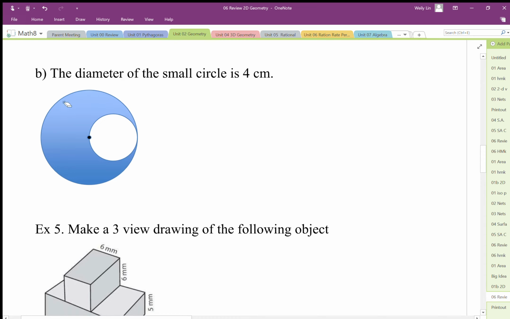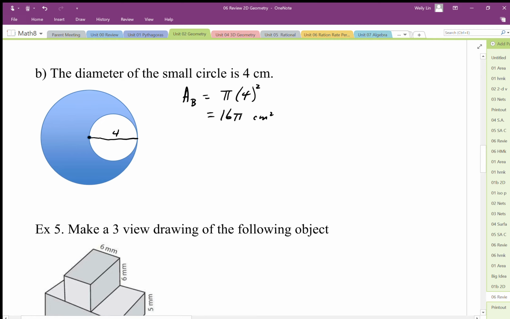Here, the diameter of the small circle is 4 centimeters. That makes the radius of the big circle 4 centimeters. So I'm going to find the area of the big circle. It's going to be pi times r squared. So I'm going to square the radius first and times it by pi. I get 16 pi centimeters squared.